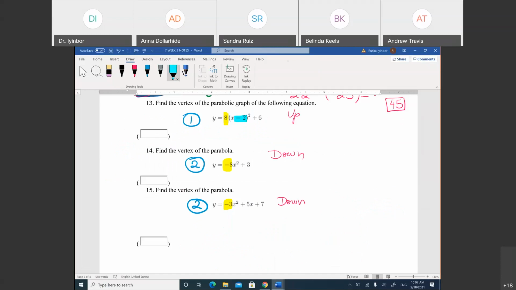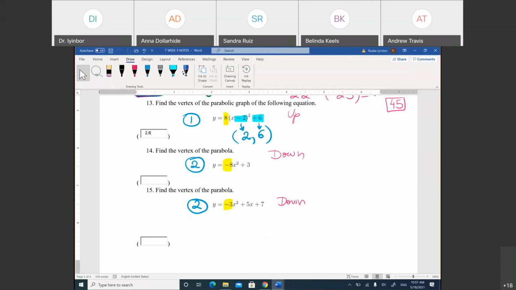And then what is the number in the end? 6. So my vertex is going to be the opposite of -2. What is the opposite of -2? +2. +2, and the same number is 6, and that's my vertex, 2 and 6. You don't do anything, just look at the two numbers, 2 and 6. Everybody get that?